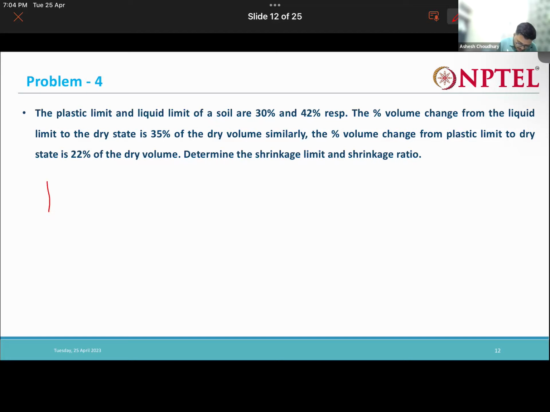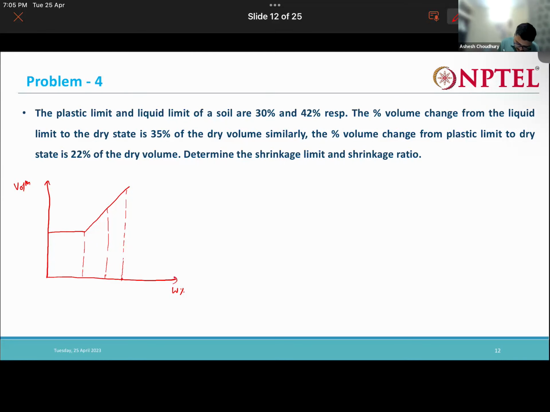So let me first draw this chart. Do you remember all the names of the three limits? So this is water content and this is volume here.